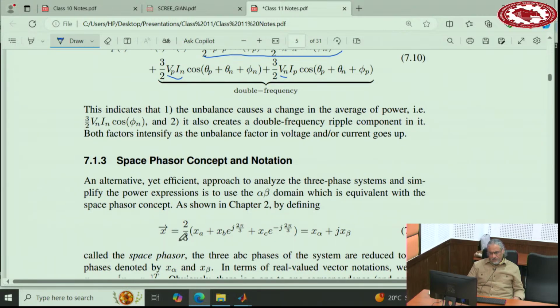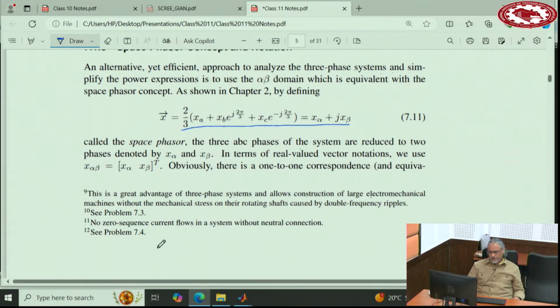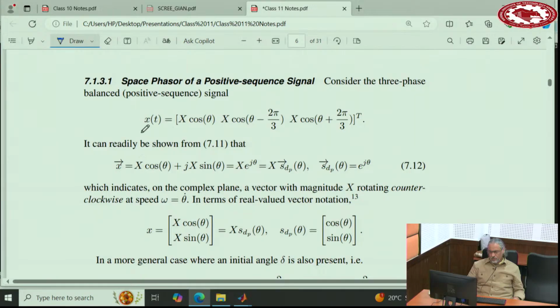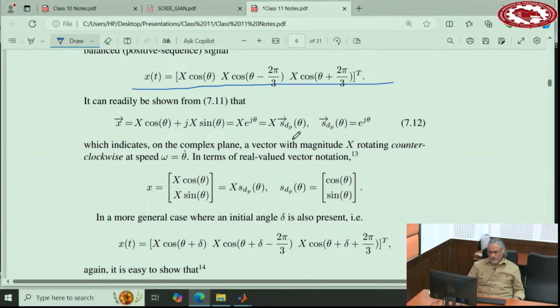Okay, space phasor. Remember, in one of the earlier classes we already defined it for a 3-phase system, alpha, beta. And then the space phasor of a 3-phase balanced positive sequence waveform will be this one, x into e to the j theta. Now I'm going to introduce several notations.